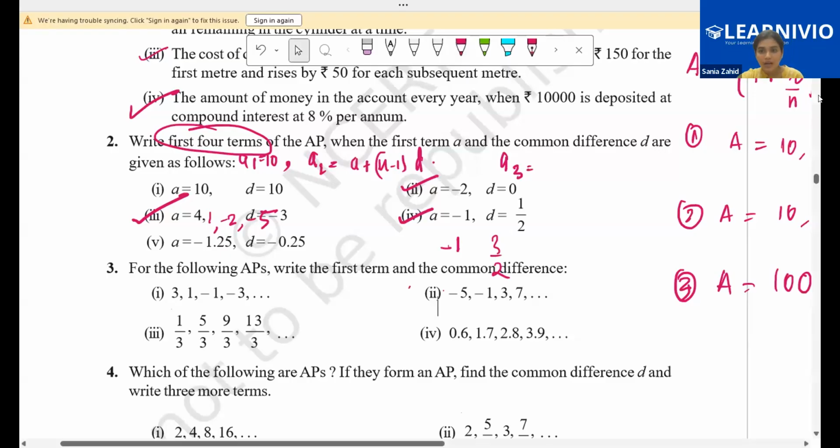The fourth one, Umair, minus 1, 3/2. Then next, what are the terms? You don't hear me? I can hear you, but you're lagging. What's happening with this class? One second, I'll just leave and rejoin the class.